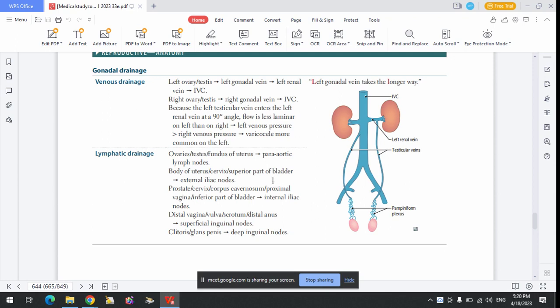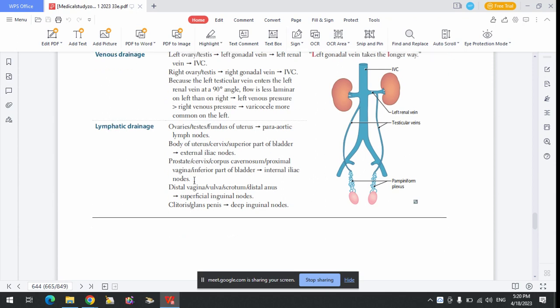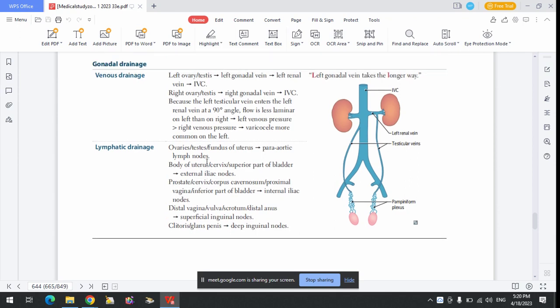Lateral aortic and para-aortic, they are the same thing. So they drain the ovaries, the testes, and the fundus of the uterus.